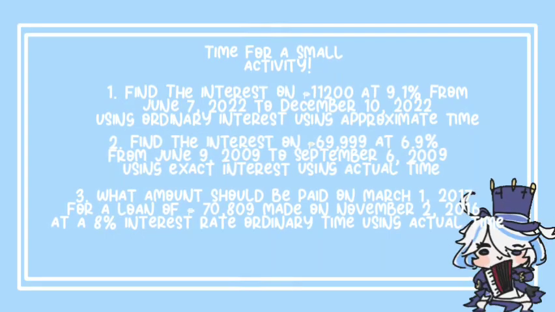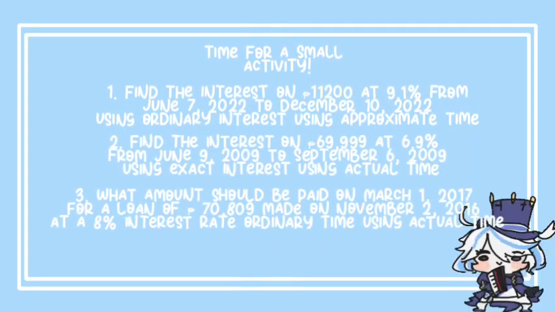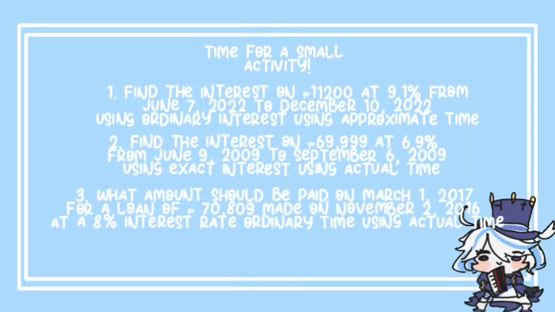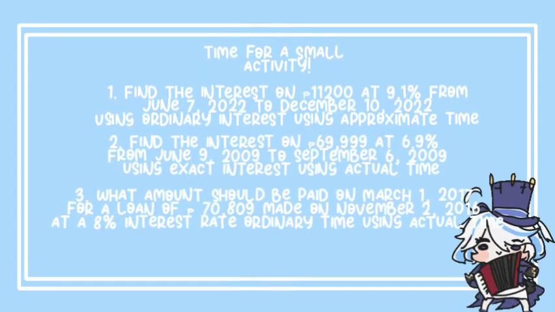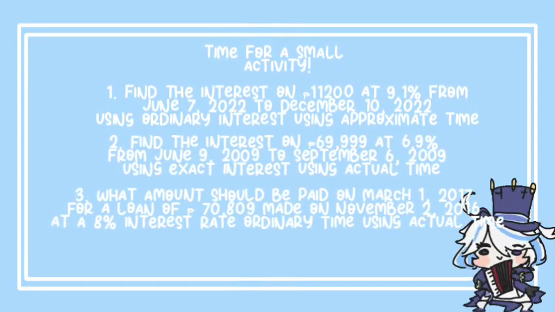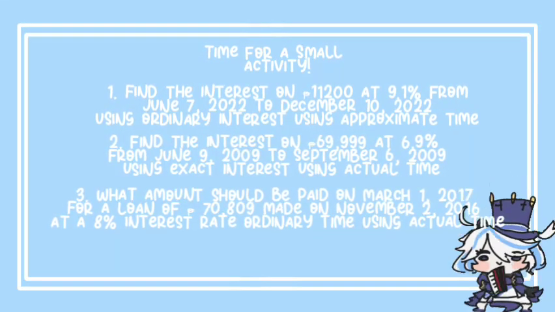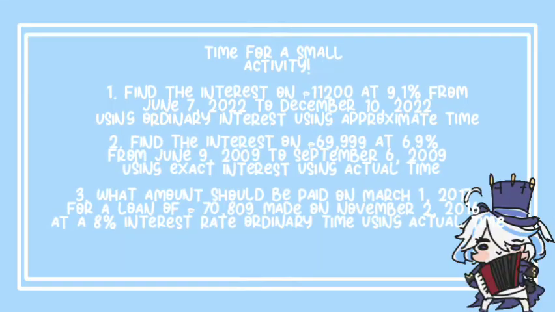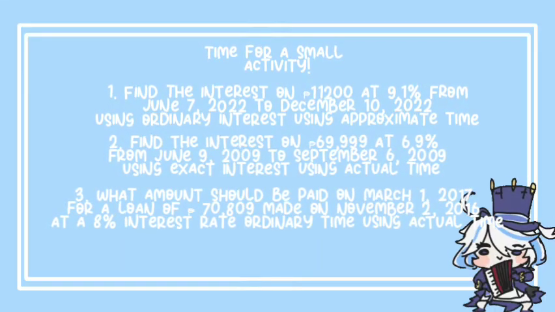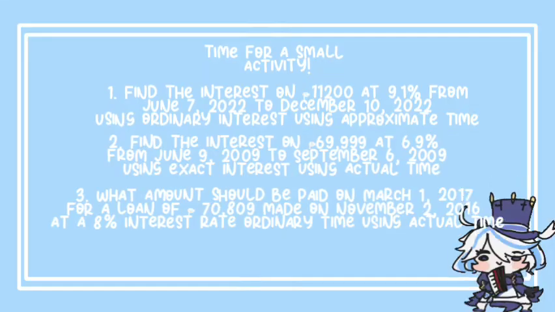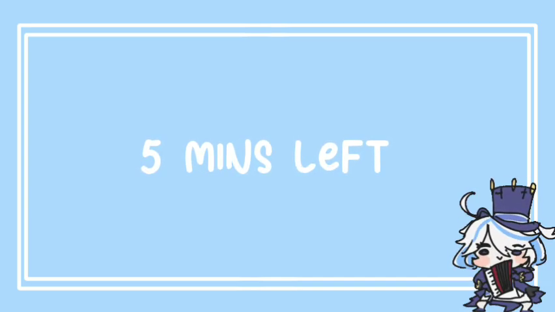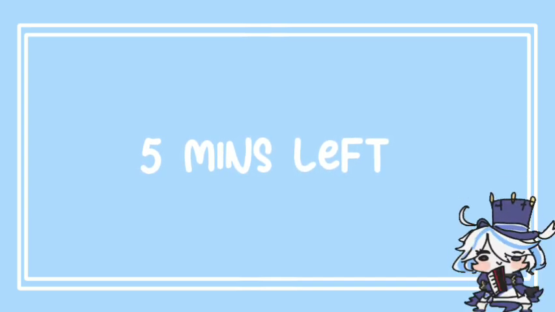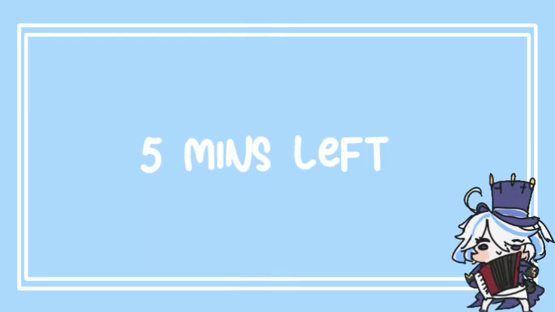Number 3. What amount should be paid on March 1, 2017 for a loan of 70,809 made on November 2, 2006 at the rate of 8% interest rate using ordinary time using actual time. I'm going to give 5 minutes for you to solve it, or you can just skip to the end to find out the results.